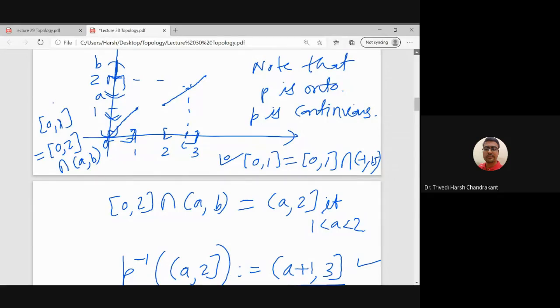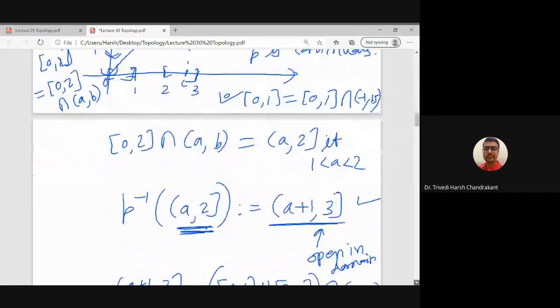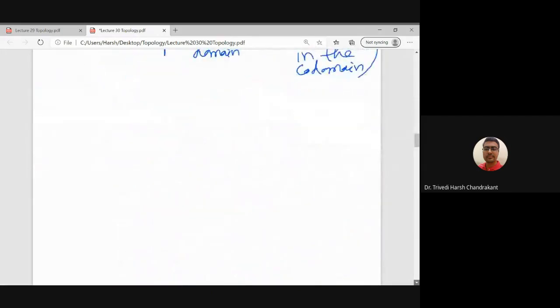Because if I take any (a, b), then what I will get is at most [0, b) with b open, right? I will not get a closed end on the right side. So therefore this set is not open in the codomain. So this map is not open, however it is a closed map.